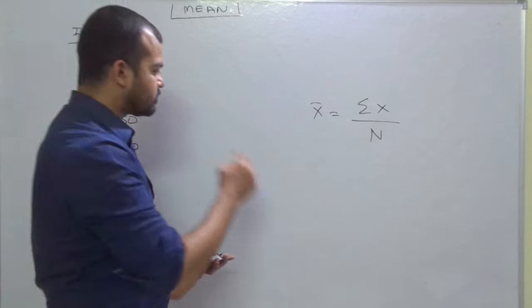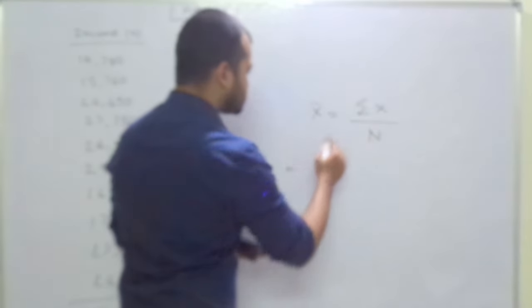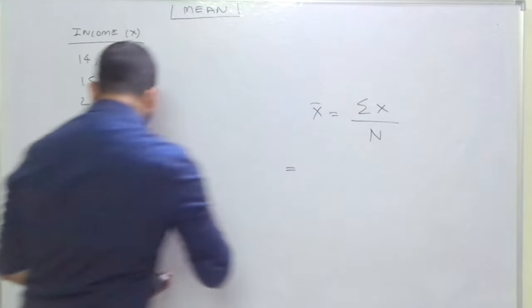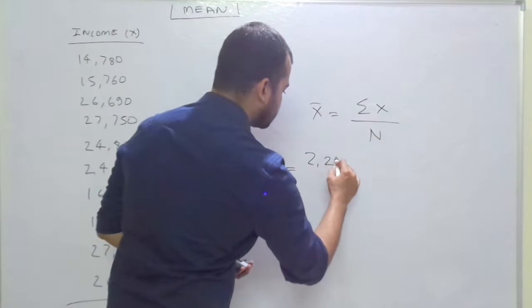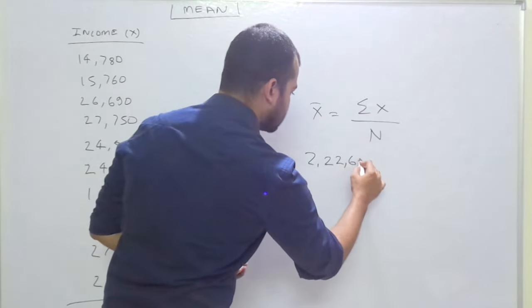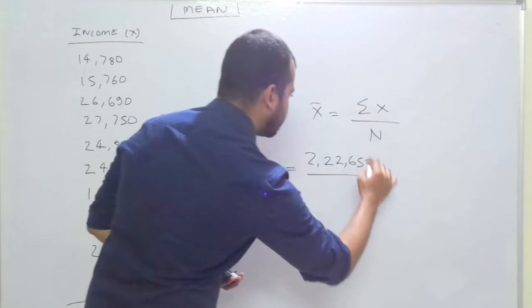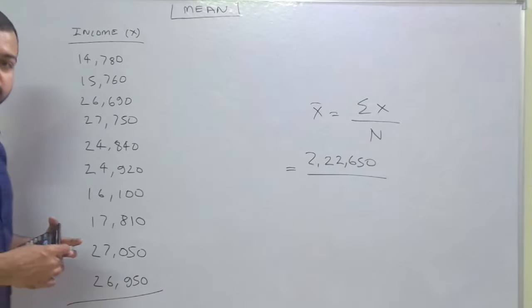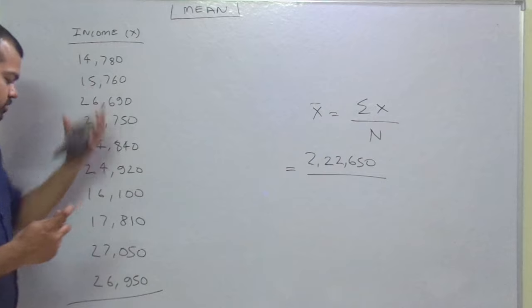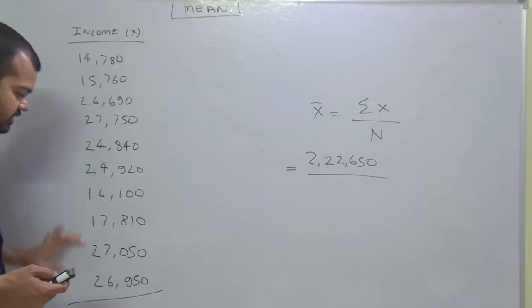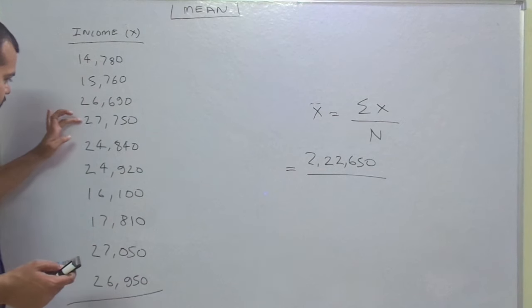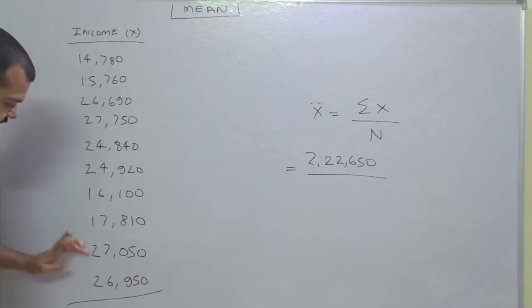Now, talking about the formula, you have to put in summation x, which is the total of all these figures. That comes out as 2,22,650 divided by n. In an individual series, because there is only one series of figures, we count all these numbers: 1, 2, 3, 4, 5, 6, 7, 8, 9, 10.